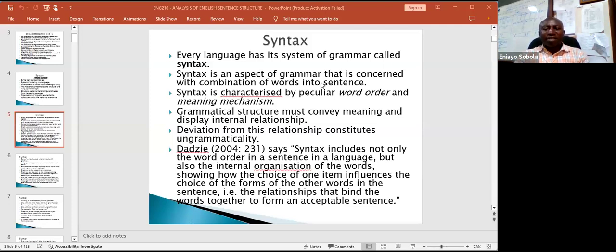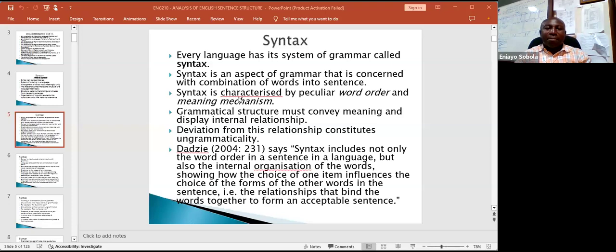It deals with how you combine words to form a sentence, as small as "she sits," "I eat," "he ran," as small as they appear to be, and up to the level of very complex and long sentences. That's what syntax deals with: how you combine different words to form a sentence. And syntax is characterized by a peculiar word order and meaning mechanism.